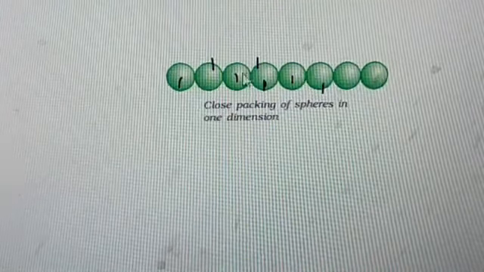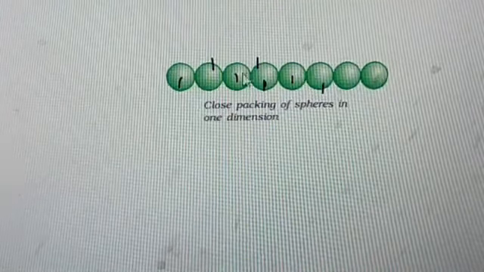Now when we join the centers of the adjacent neighbors, we get a square. Now we got a square here, yes? So like that, we get a square when we join the centers of the neighboring atoms. So we can call this square close packing in 2 dimensions.